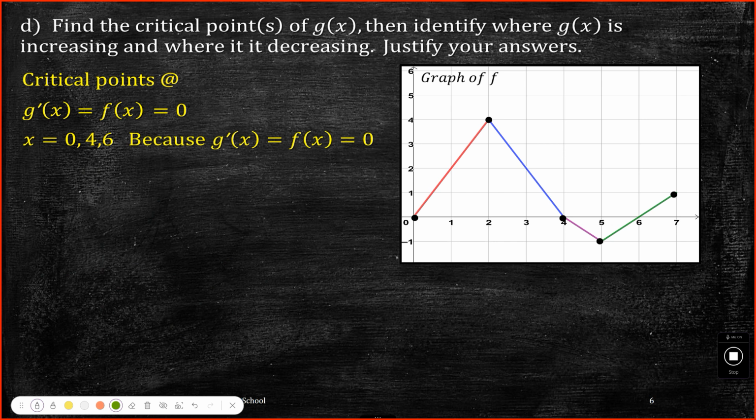So this is important. Justify your answers. The critical points, if you're given the velocities, are where f of x equals 0, which is g prime of x.